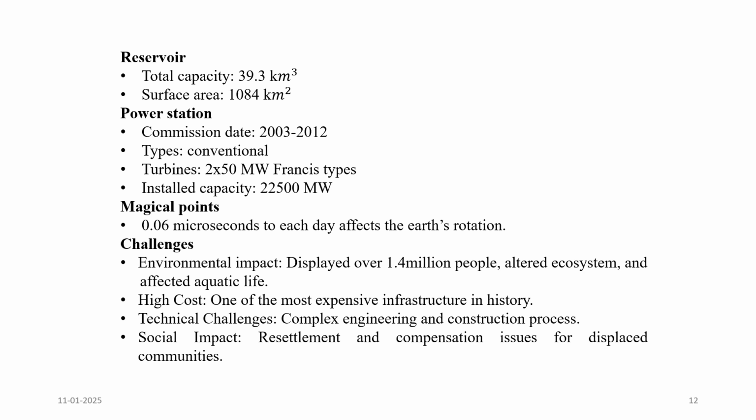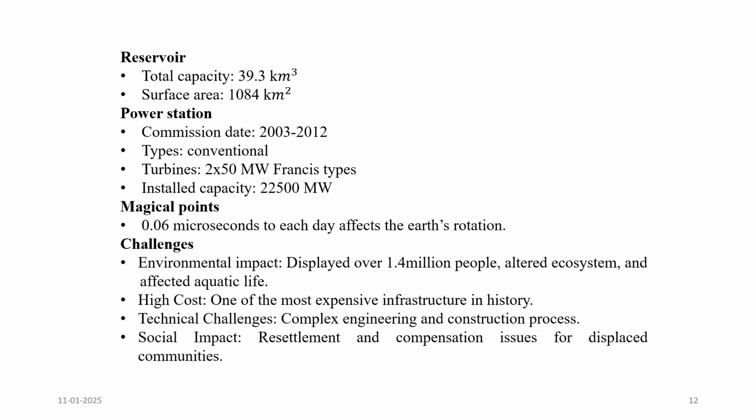Now next point is a special point. Here the Three Gorges Dam has slowed the earth's rotation by 0.06 microseconds each day. Now next point is challenges. Environmental impact: displaced over 1.4 million people, altered ecosystems and affected aquatic life.